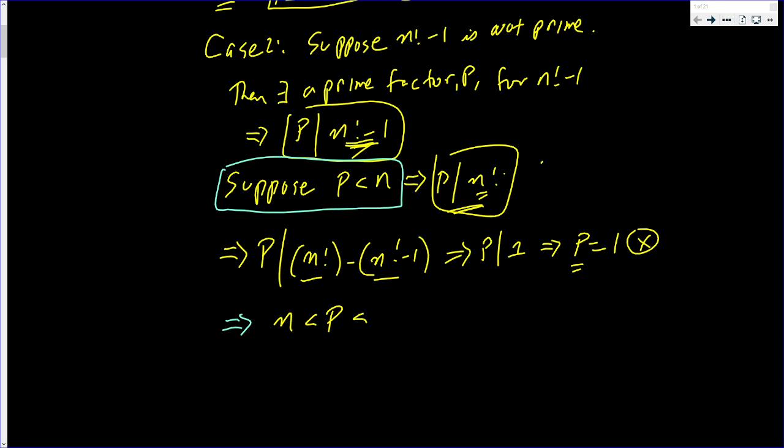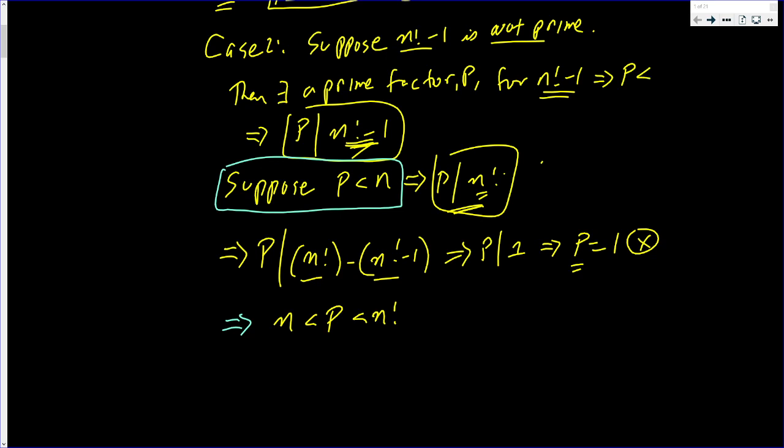And p is less than n factorial. Now where can we get that? Well, p is a factor for n factorial minus 1, and n factorial minus 1 is not prime.